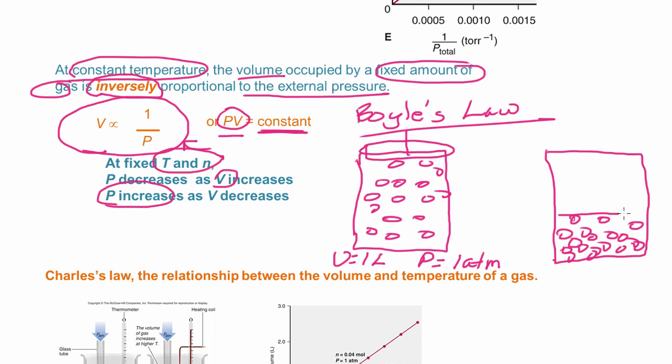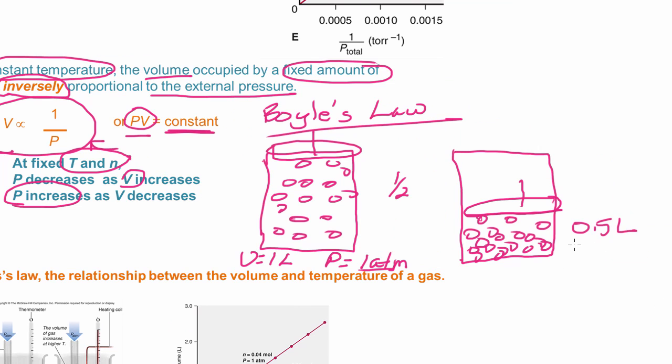So we push the piston down. We decreased the volume, and the pressure is increased. Basically, if I start off with 1 liter of gas at 1 atmosphere and I decrease that volume by 1/2, so now I have a volume of 0.5 liters, my pressure is going to double to 2 atmospheres. So that's Boyle's Law.